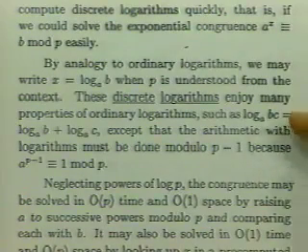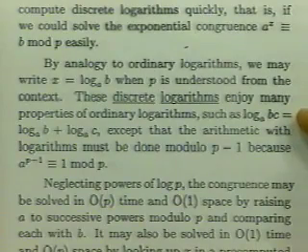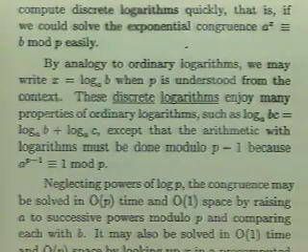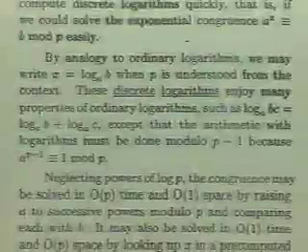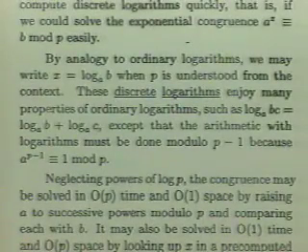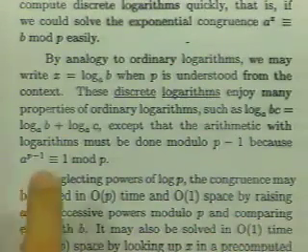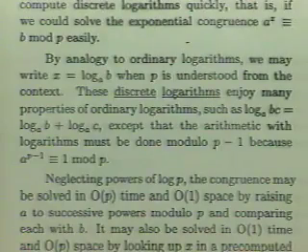For example, the logarithm of a product, b times c, is equal to the sum of the two logarithms, except that because of Euler's theorem, the arithmetic with the logarithms must be done modulo p minus 1. When you add the two logarithms, if the sum is greater than or equal to p minus 1, you have to subtract off a p minus 1 to keep it in that range. Likewise, the log of b over c is the log of b minus the log of c, and so on.